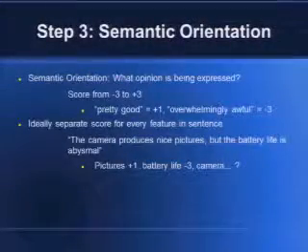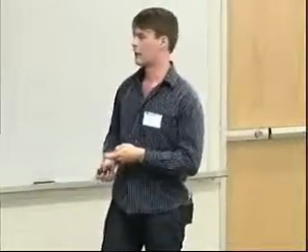Ideally, we'd like to do this individually for every product feature in a sentence. For example, a sentence like, this camera produces nice pictures, but the battery life is abysmal. You have a positive score for pictures, a negative score for battery life. Unfortunately, this sort of intra-sentential sentiment analysis is very difficult to do, and it's one of the main problems being worked on now.